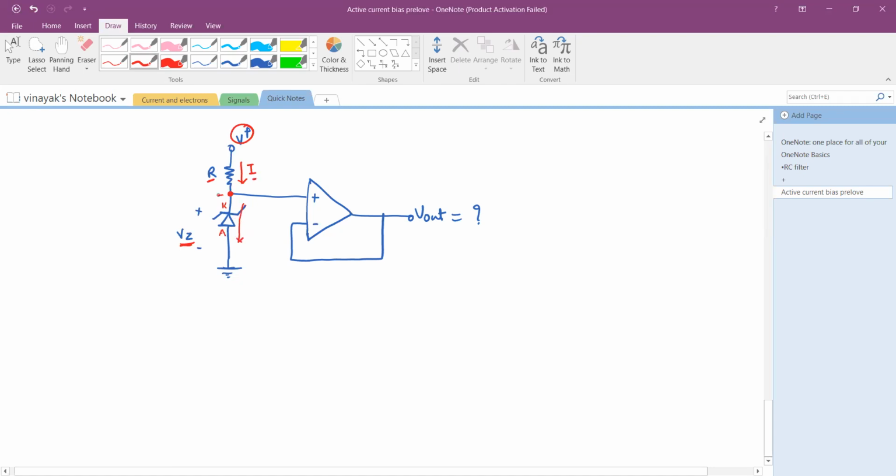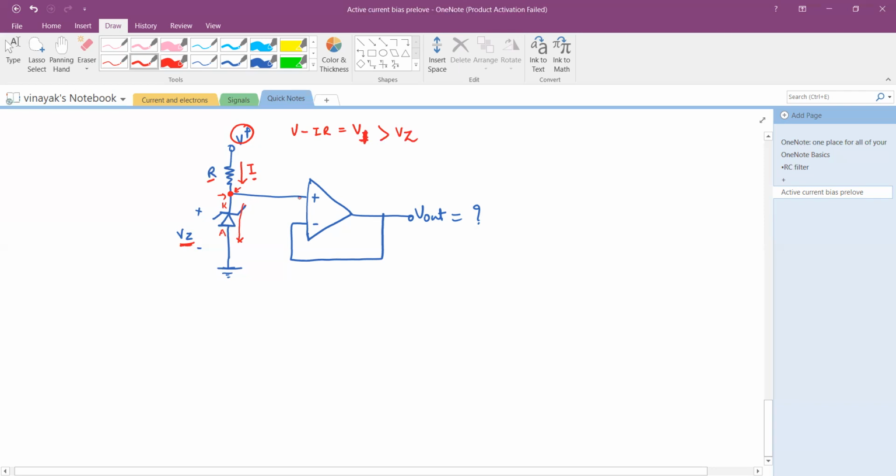The voltage at this node is obviously V minus I times R. Let's call it VZ, or VZ dash. So this voltage at this node, let's call it V1. If this V1 is greater than VZ, then your Zener is forward biased. Okay.